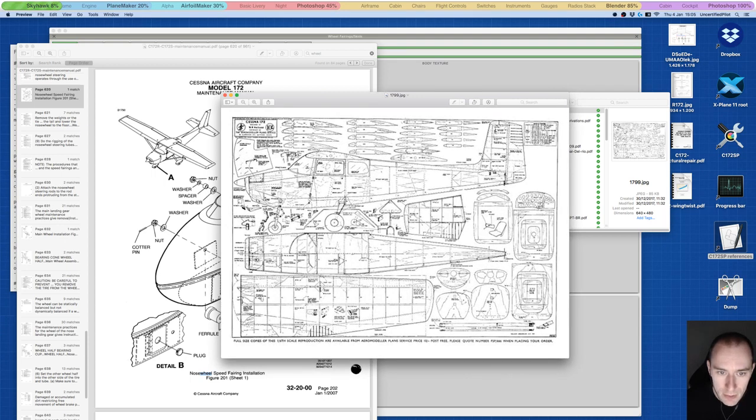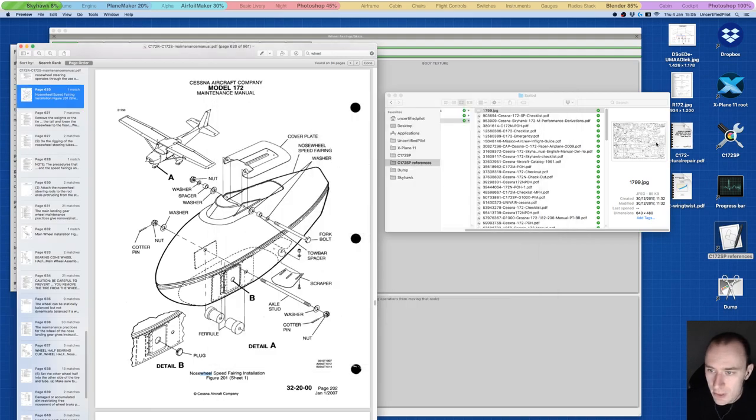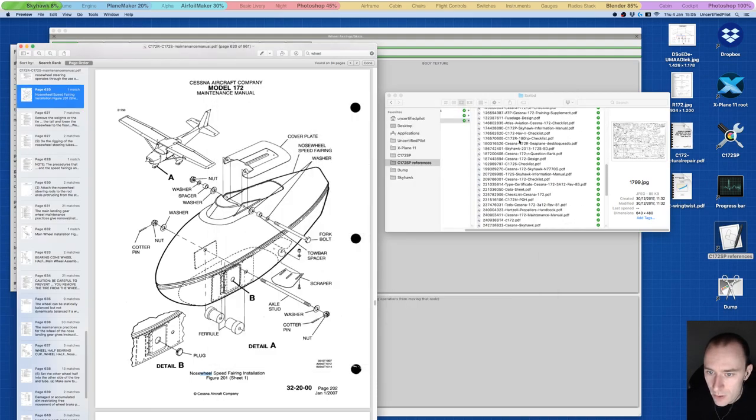Unfortunately, we don't have a high-res version of this. 172, yeah, but this is not the S, as you can see. This would also be a way to figure out the wing twist, but it doesn't seem to be there that much. Anyways, that's not what I was searching for. There's another image that I think might be interesting.